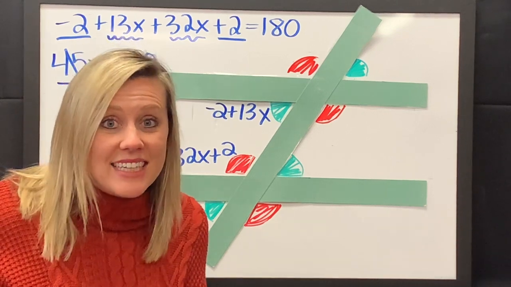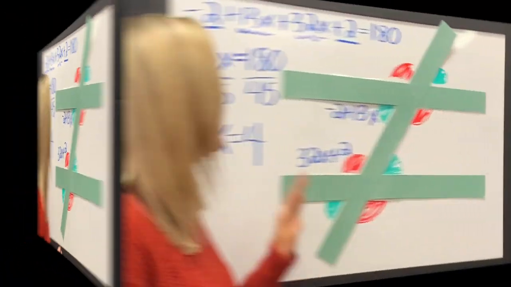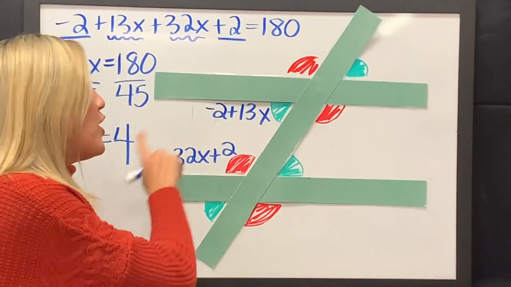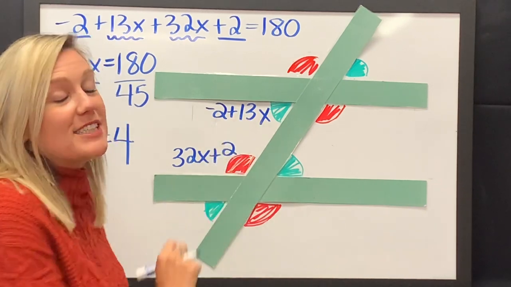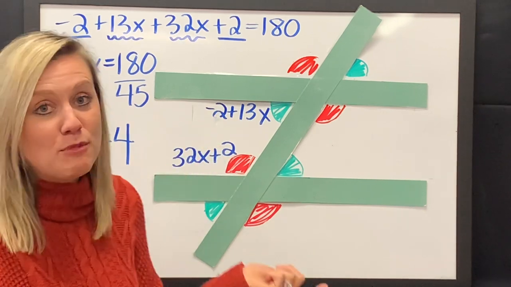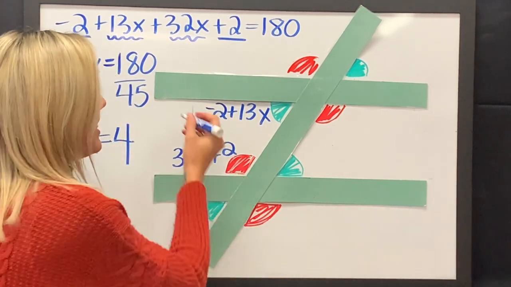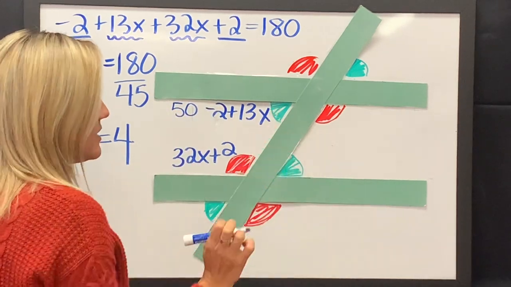Okay, lastly, I am just going to double check my work. Okay, I'm going to take this 4 and plug it into this x. 13 times 4 is 52, and then if I minus 2 from that, I'm just going to get 50. So I'm going to write that down just so I don't forget. 50 degrees is what that's supposed to be.